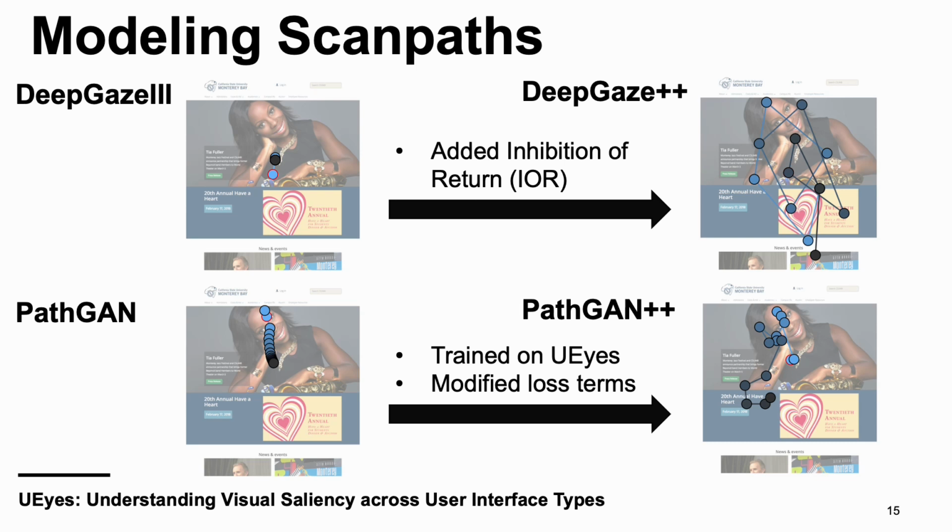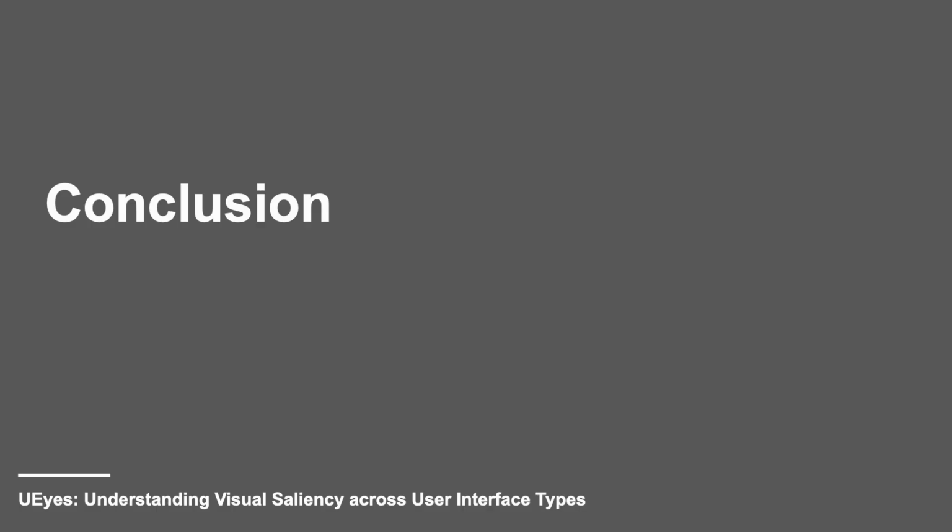However, it can lead to unrealistic scan paths. On the other hand, PathScan++ excels at generating realistic trajectories thanks to its discriminative component in the network. However, it falls short in predicting fixation points, and the generated points are often outside the areas of interest.